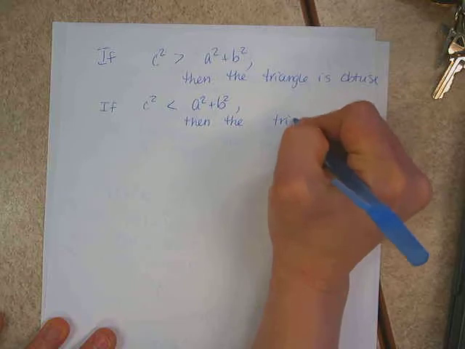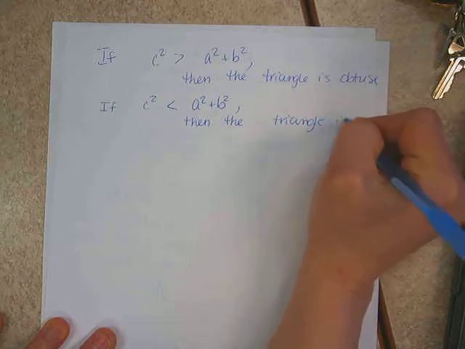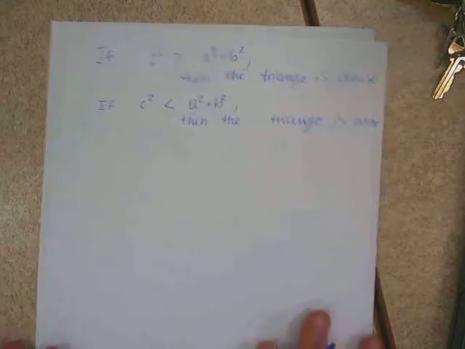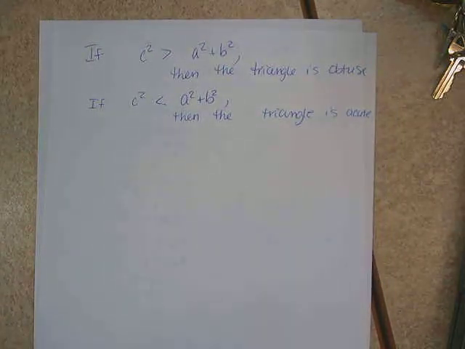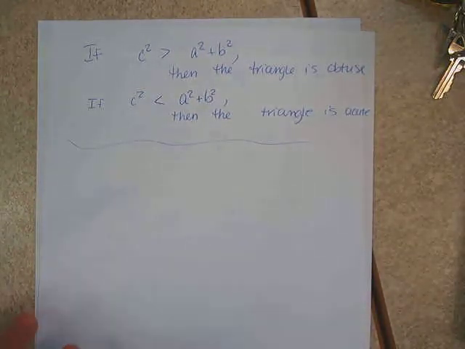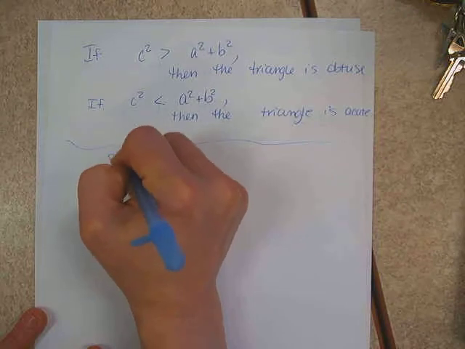And if c squared is less than a squared plus b squared, then the triangle is acute. So not only can we use the theorem to tell whether it's a right triangle or not, we also can figure out if it's acute or obtuse, if it's not right.